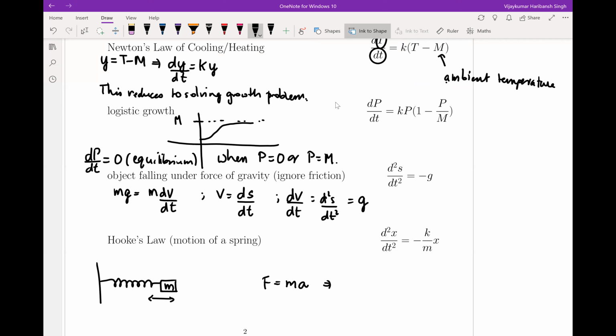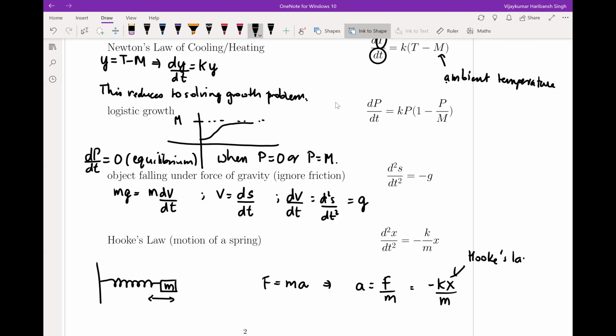So therefore we have a equals to F over m, and this is going to be minus kx over m. This is Hooke's law, basically.